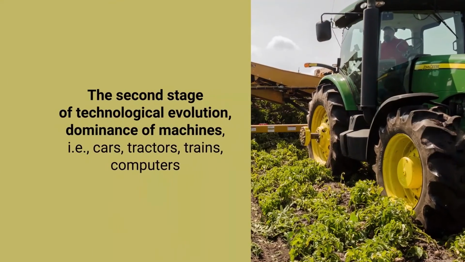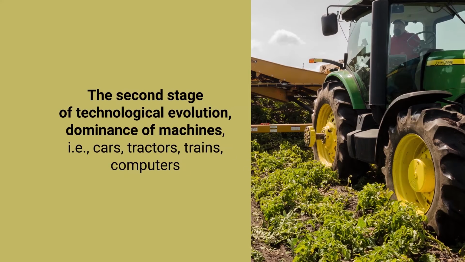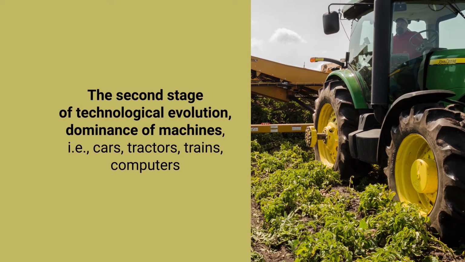The invention of the wheel was a little advanced at that time, because it led to a lot of further inventions. So, this was the first stage when simple tools were developed and used for simple technological means. The second stage of technological evolution was when the dominance of machines came.